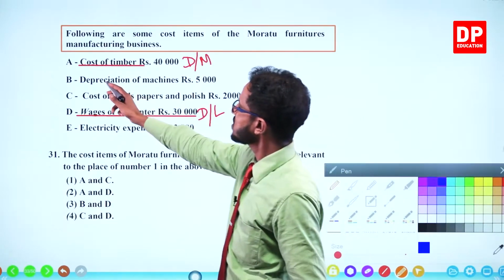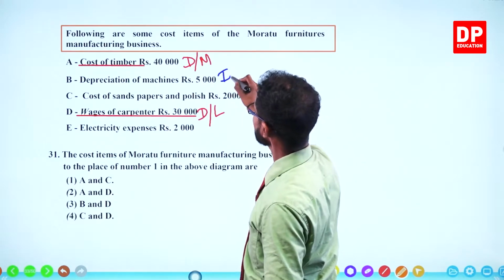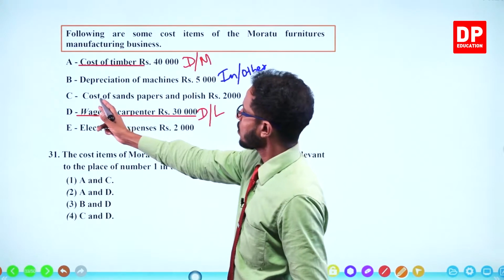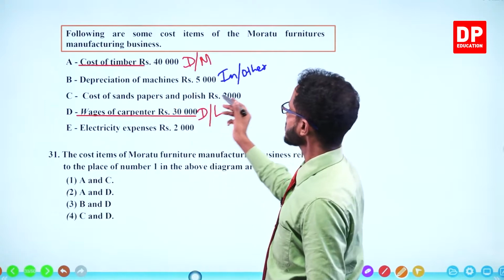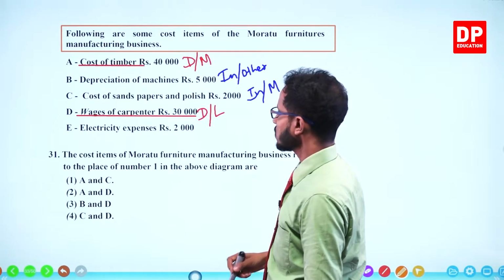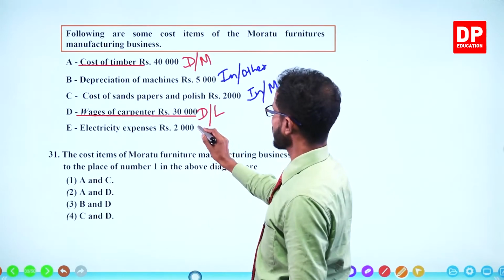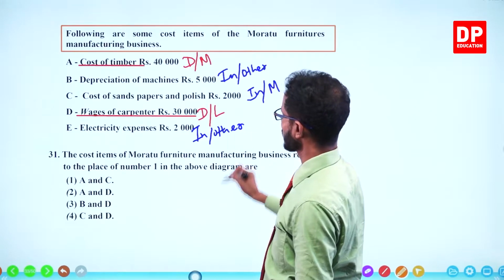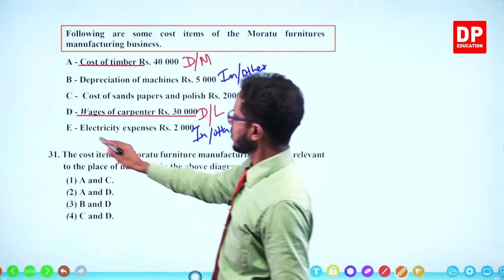See, depreciation of machinery is indirect other expense. All right. Cost of sandpapers and polish, indirect materials. Electricity also indirect other. All right, so that's it.